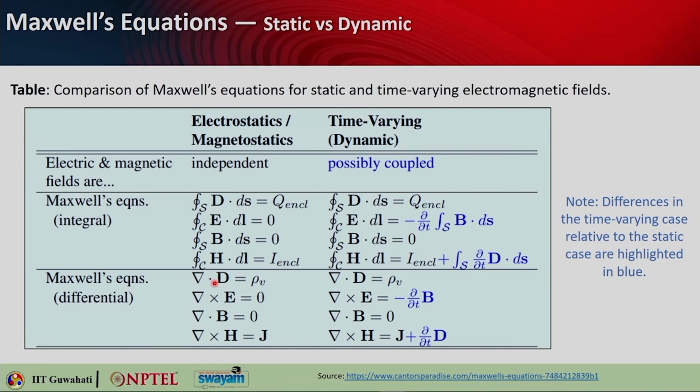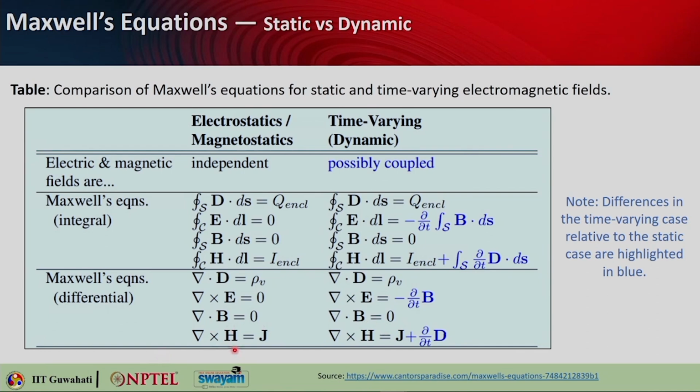So these are based on two divergence and two curl equations, as we have seen. Divergence of D is rho v, that remains the same for time varying or dynamic fields as well. Curl of E is 0 in the static case, but in dynamic electromagnetic theory curl of E is minus ∂B/∂t. Divergence of B is 0, that remains the same.